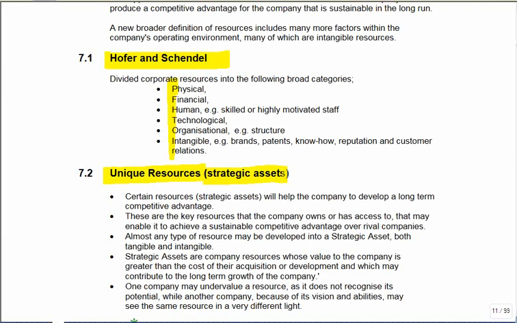It's an asset that you can use to get a competitive advantage. And we'll come back to this idea of competitive advantage later. But a competitive advantage is where you have some edge, some advantage over your competitors. So that's obviously jolly good news. And these unique resources, these strategic assets, will do exactly that for us.